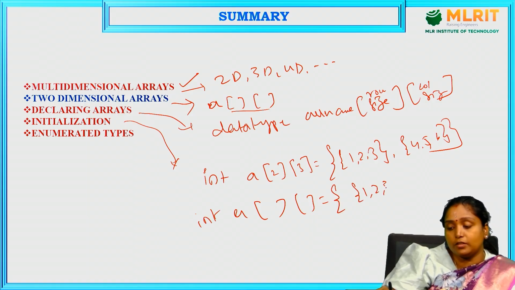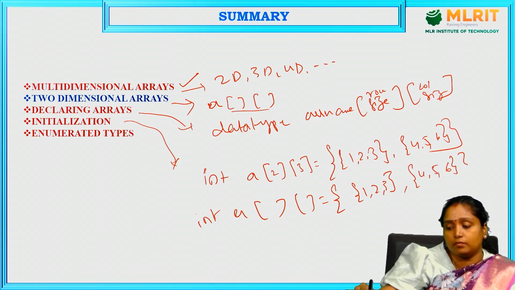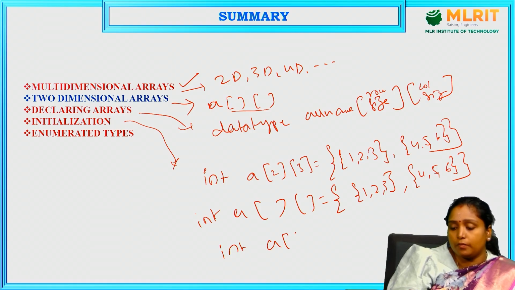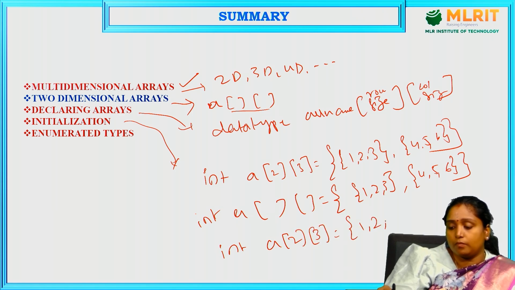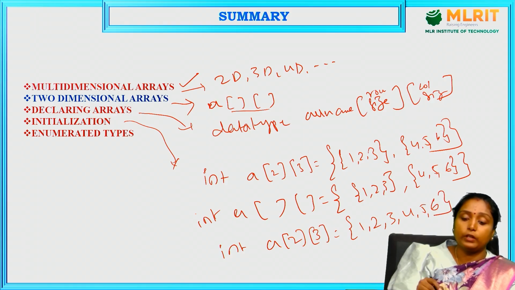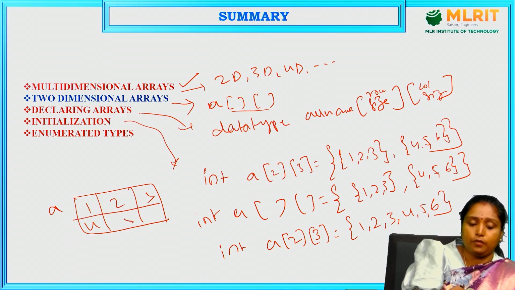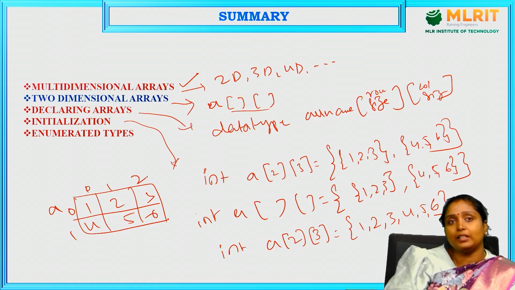You have to initialize the variables at declaration only; after that you can't initialize it. This is how it is represented graphically: 1, 2, 3, 4, 5, 6 with indices 0, 1 and 0, 1, 2.